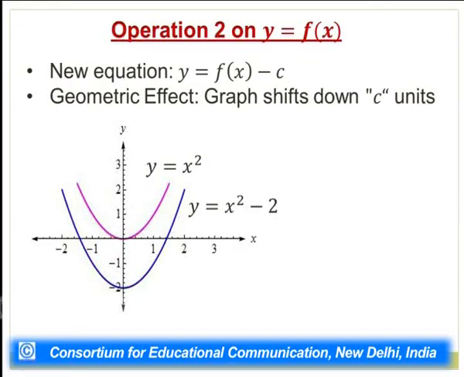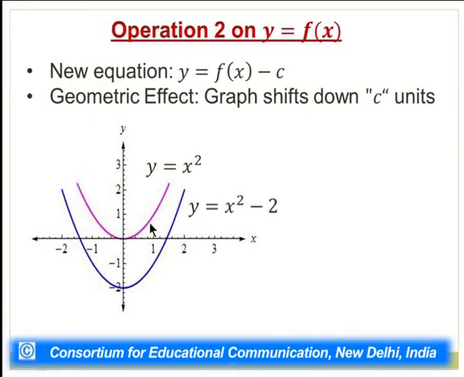The second operation on y equal to f of x is one where I subtract c units from the original function f of x. And this in turn gives us the new equation y equal to f of x minus c. The geometric effect of subtracting a constant c from f of x is that the graph is going to shift down by c units, or it gets translated by c units along the y-axis.